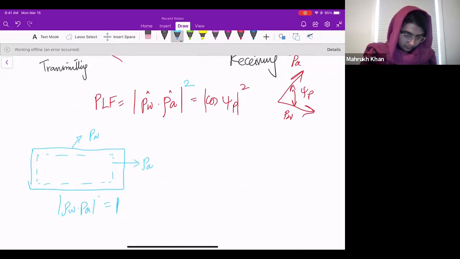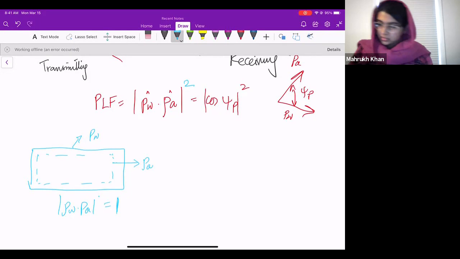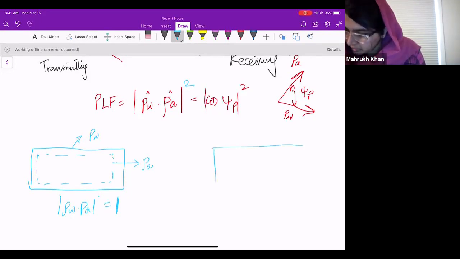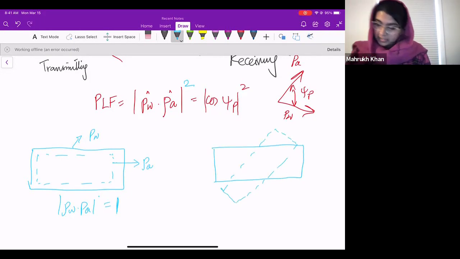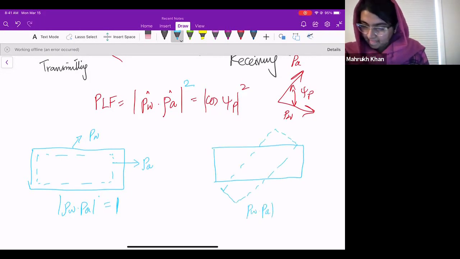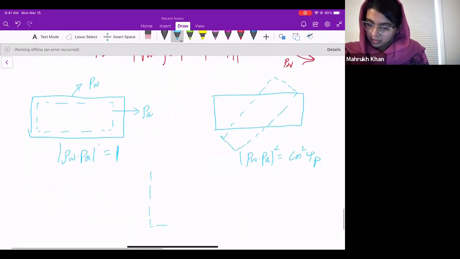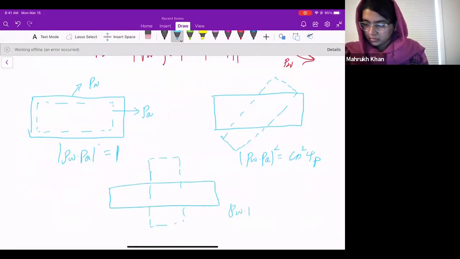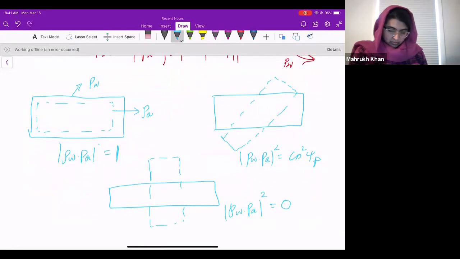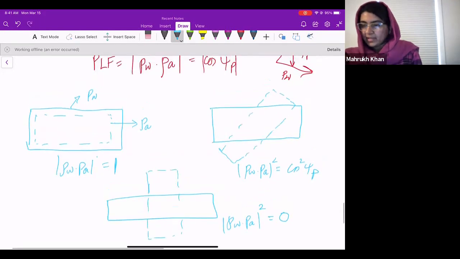Similarly, I'm just drawing the imaginary thing, if they are having some angle between them, it will be the cosine squared of that angle. And if they are orthogonal to each other, the dot product will be 0. So that's how we define the loss that is happening at the receiving end.